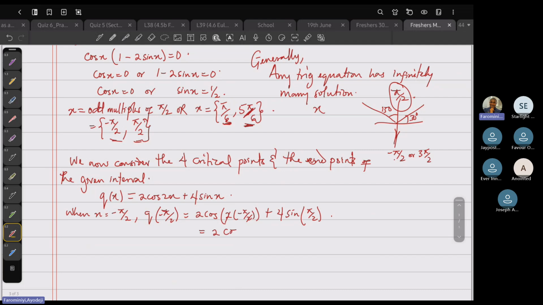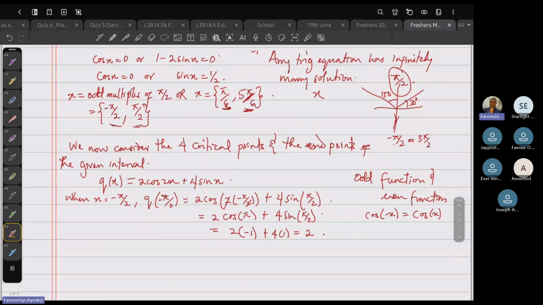This is 2 cos pi plus 4 sine pi over 2. You notice that I have swallowed the negative sign there. That is because the cosine function is an even function. So cosine of negative x is the same thing as cosine of x. And that is why cosine of negative pi is the same as cosine of pi. That will be 2 times negative 1 plus 4 times 1, which is equal to 2.